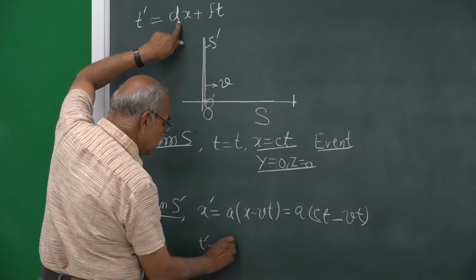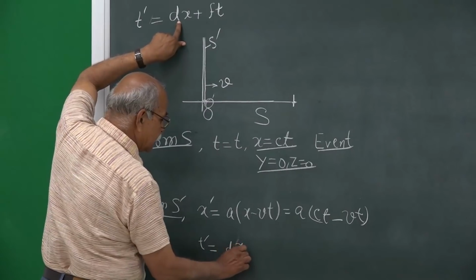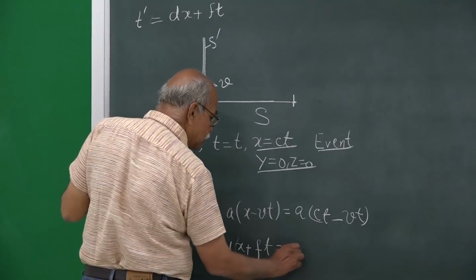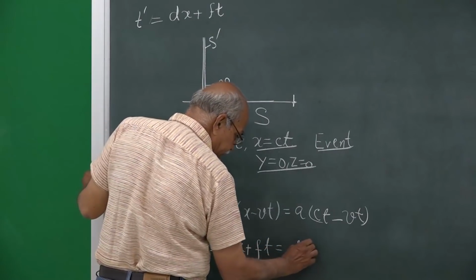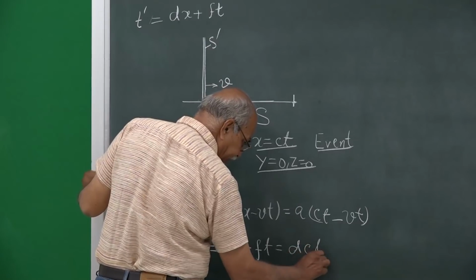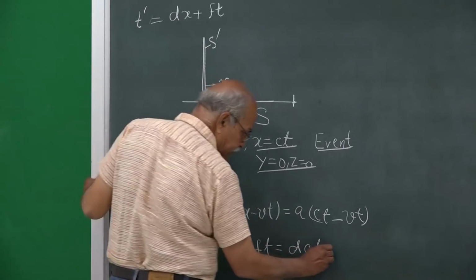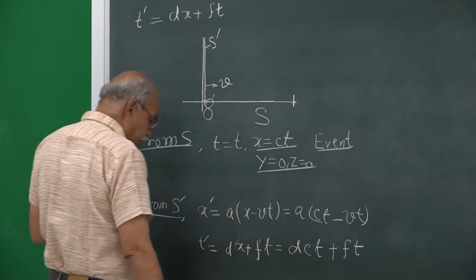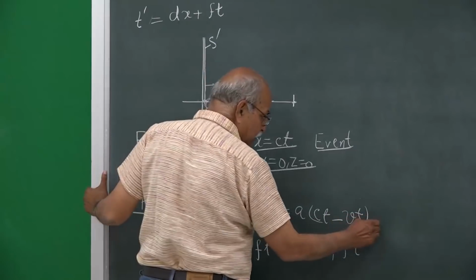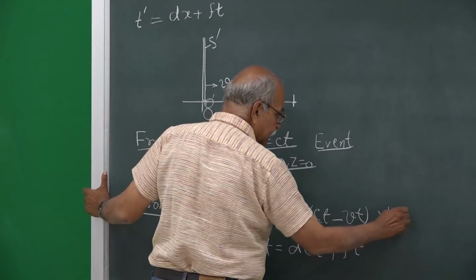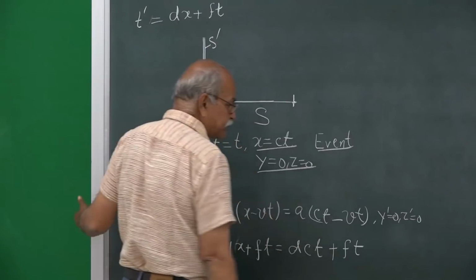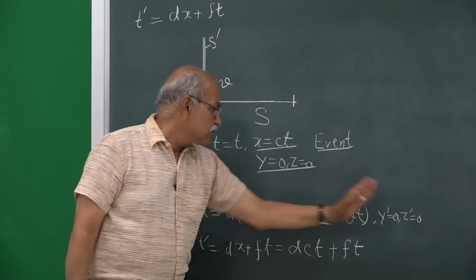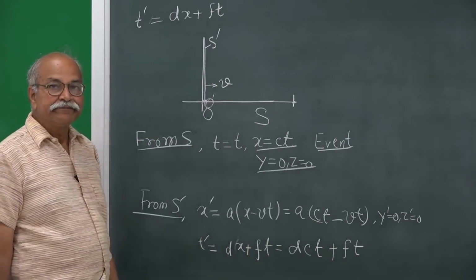So, d into x plus f into t, that is d into x is c t. So, it is d c into t and then plus f into t, and of course, y prime and z prime are 0. The event is on the x prime axis, and even otherwise y is equal to y prime, z is equal to z prime.